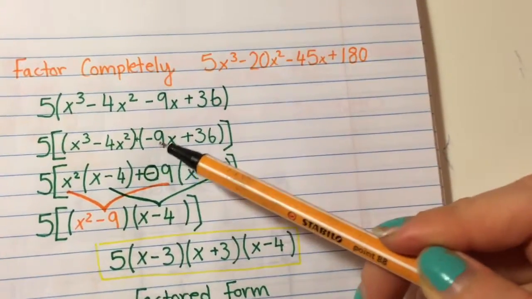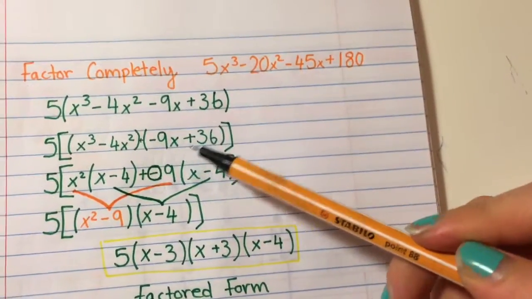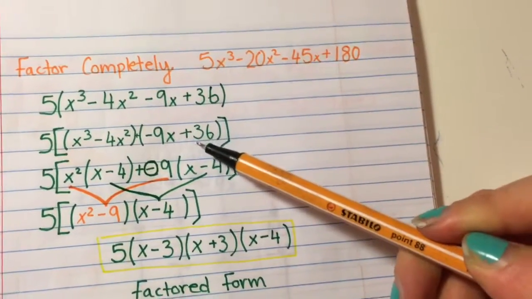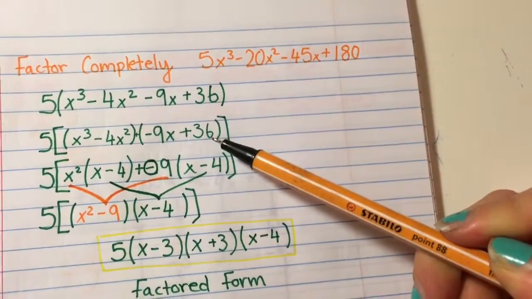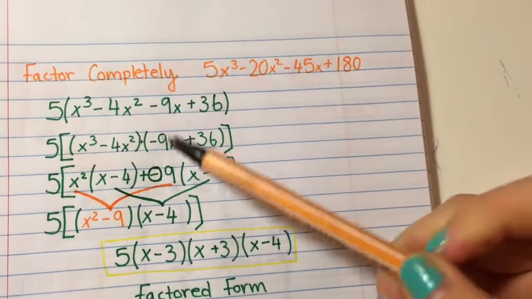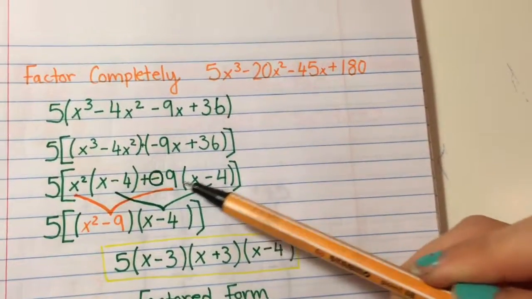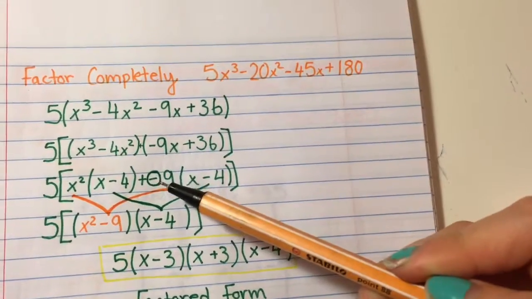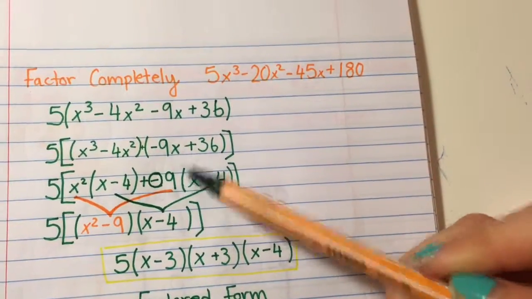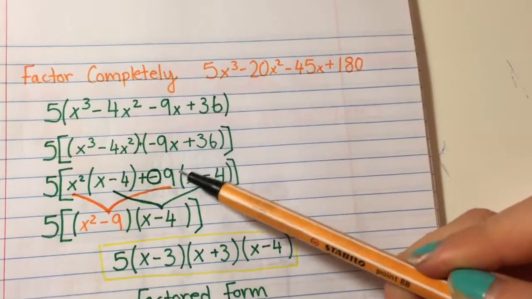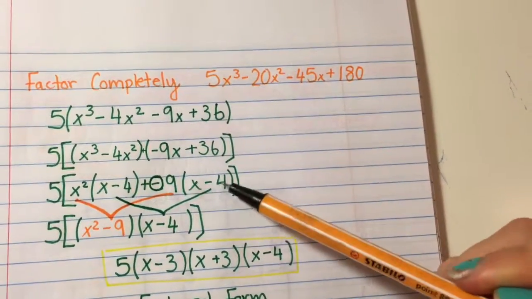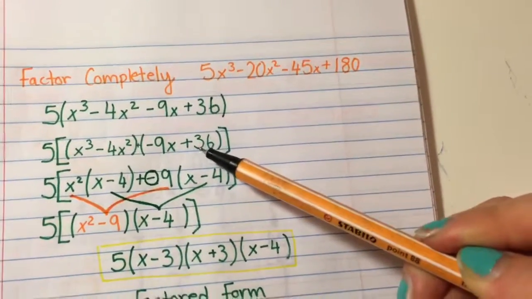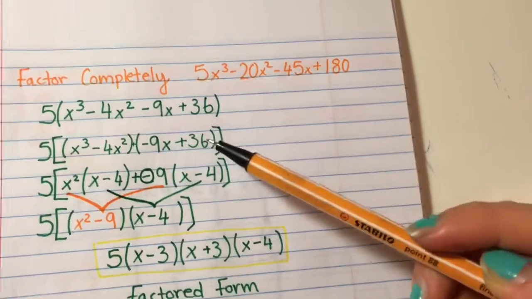So negative 9 goes into 36 negative 4 times. So negative 9 times x is going to be negative 9x, and then negative 9 times negative 4 equals 36.